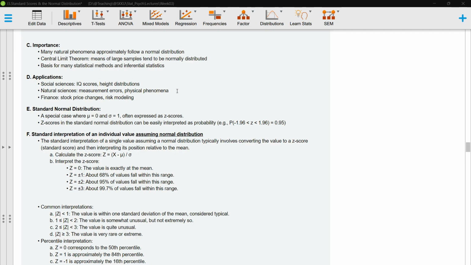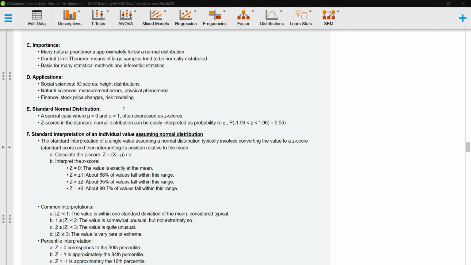And in finance, for example, stock price changes or risk modeling, we can use a normal distribution a lot. So there are many applications using the normal distribution.